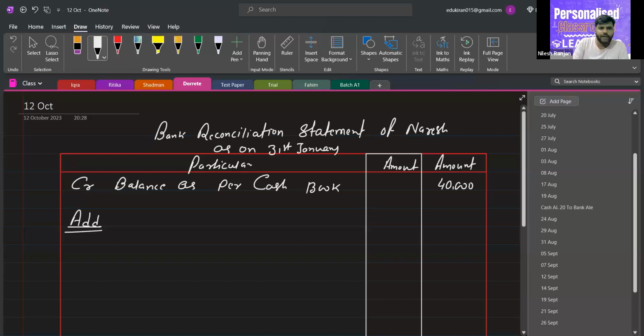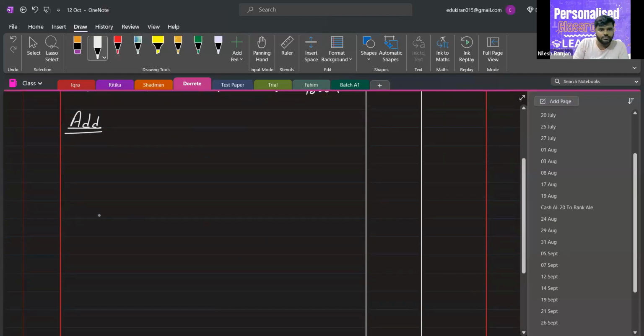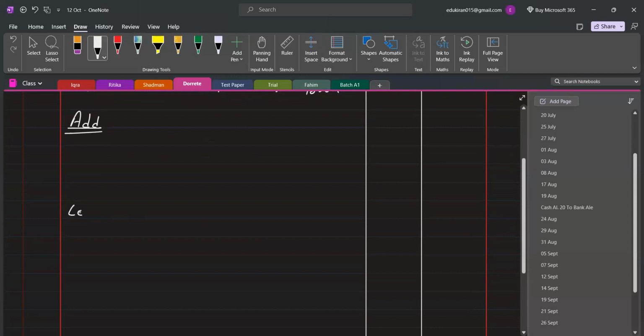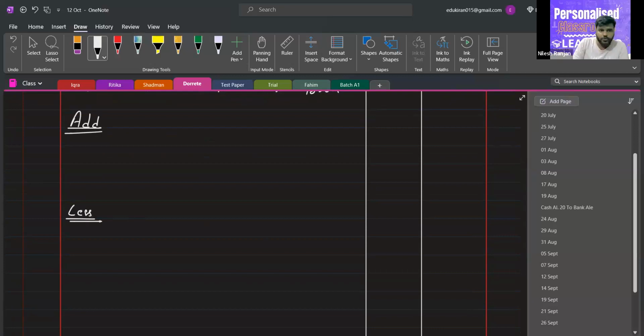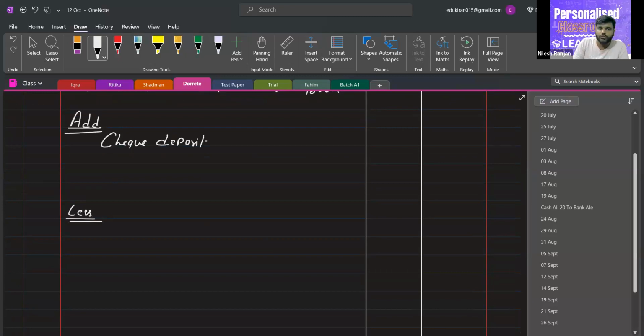If we have to decrease any item, we should write it in the less column. But what I told you: if your answer is the less column, then you have to add the item. Just the opposite of what you have thought.